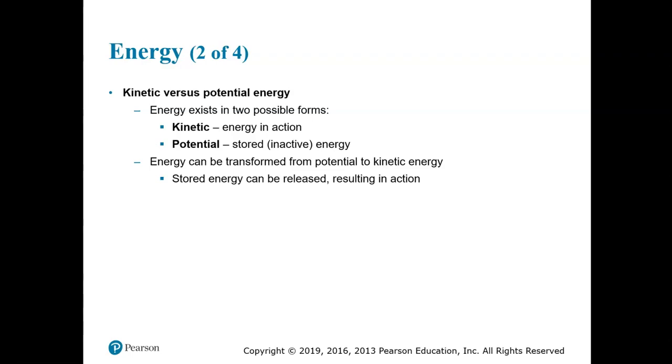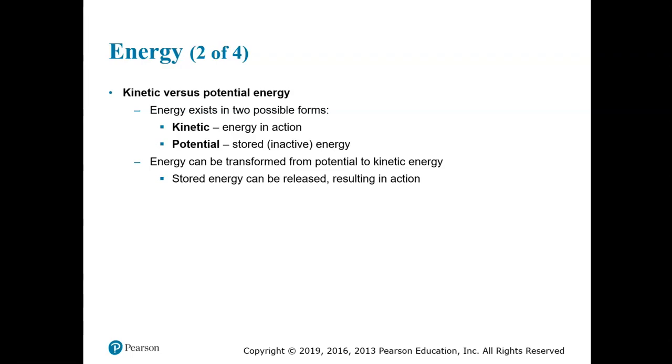So kinetic energy is energy in action. You may have learned it as the energy of motion, and potential energy is stored or inactive energy. We're going to study potential energy as energy that is stored in chemical bonds. And kinetic is going to be energy that's released during chemical reactions.